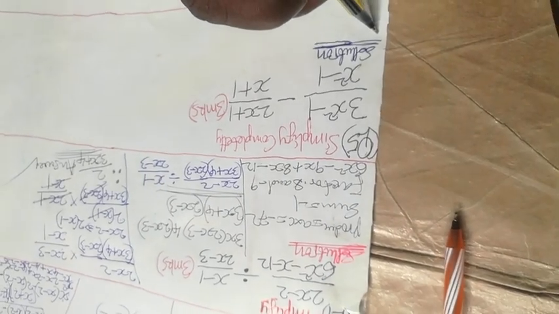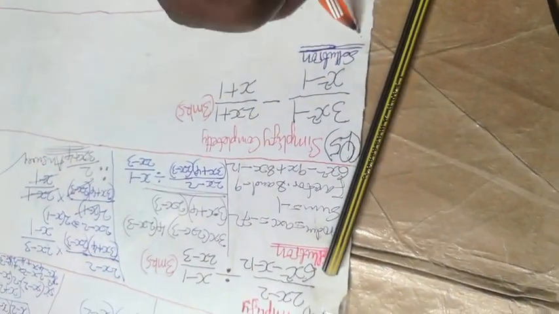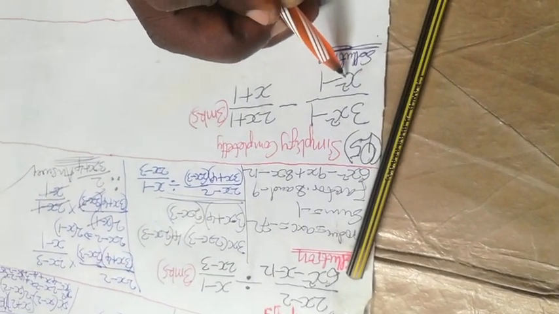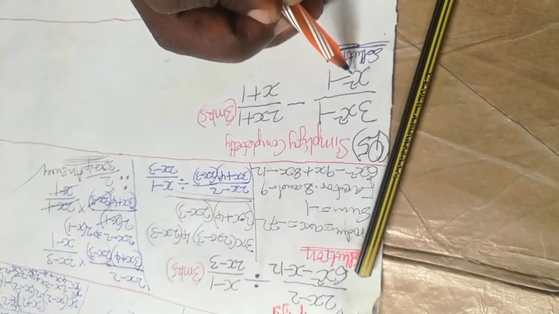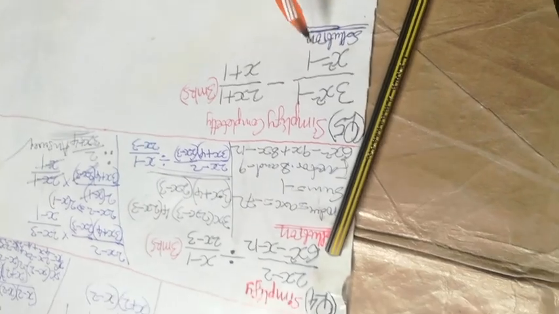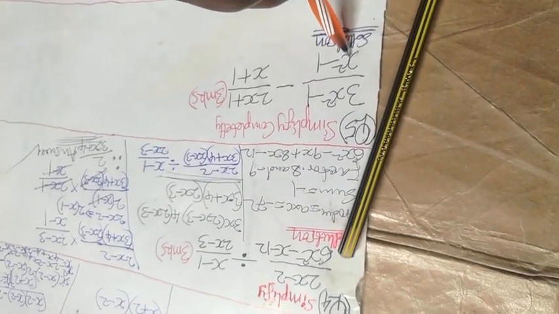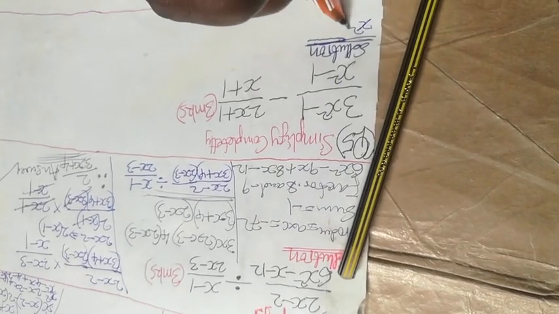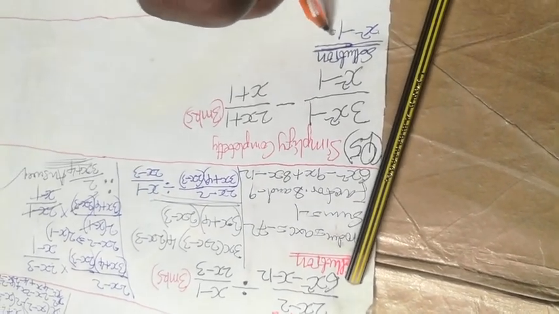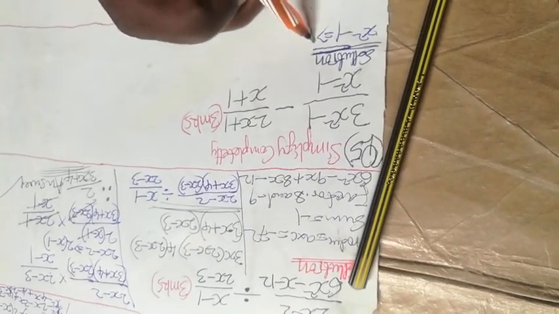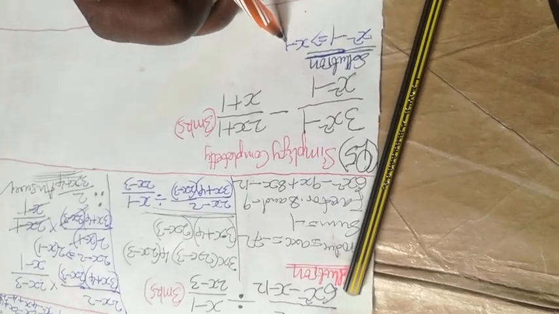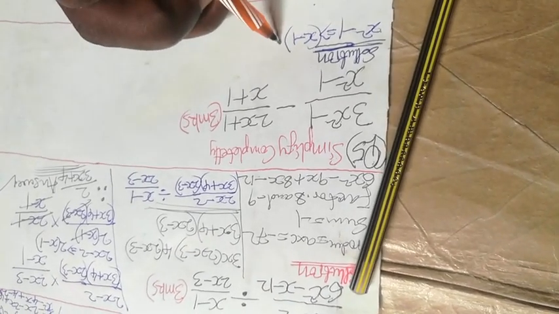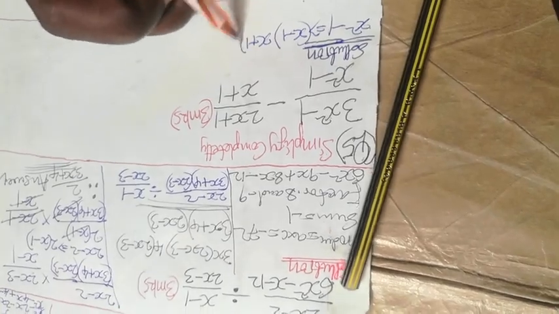We say x squared minus 1 is equivalent to x minus 1 into brackets x plus 1.